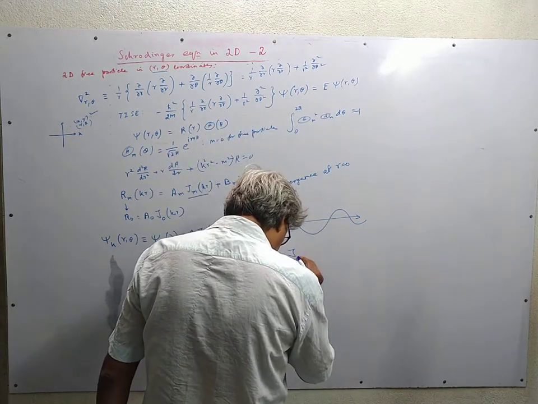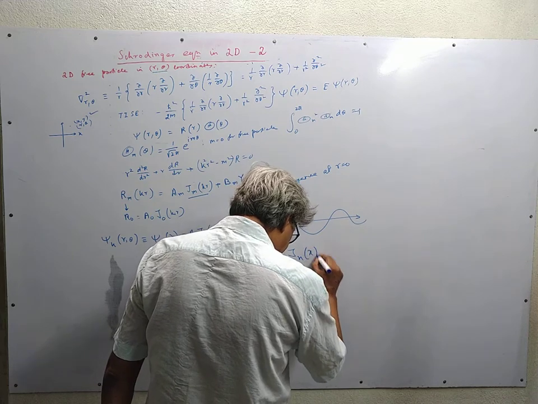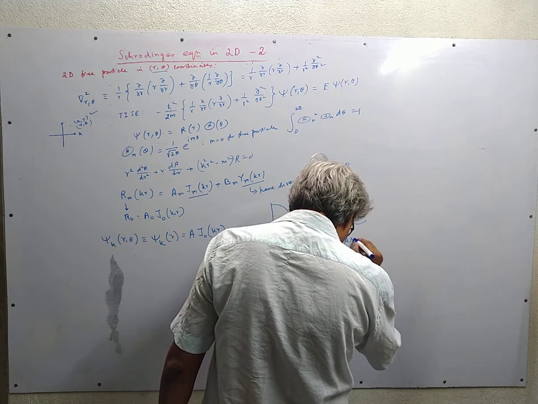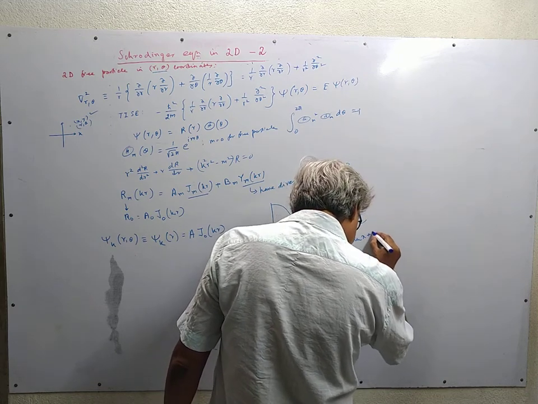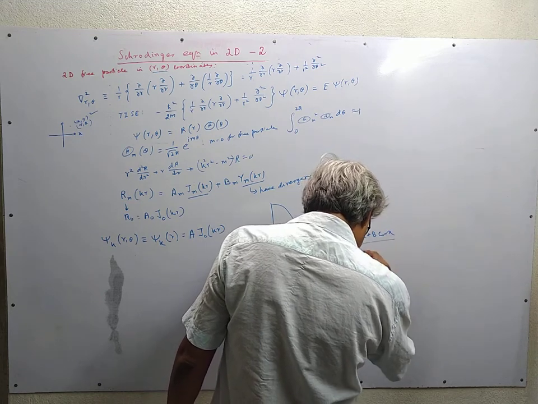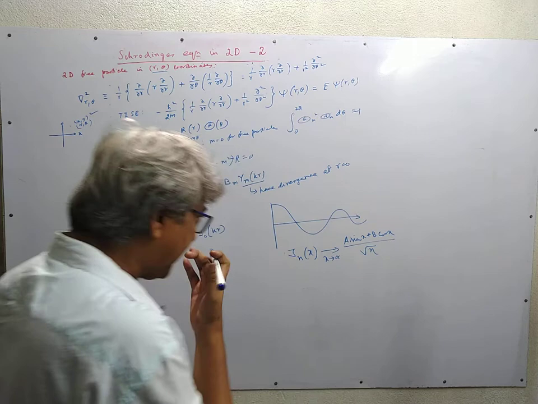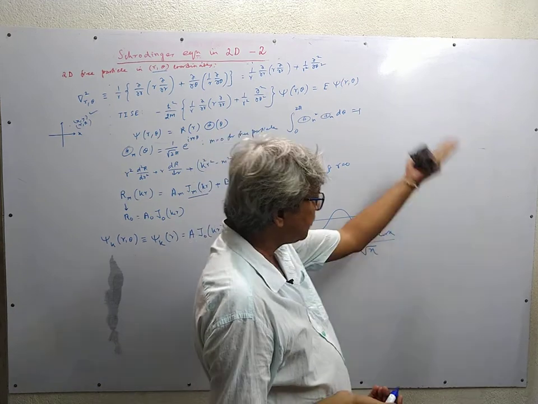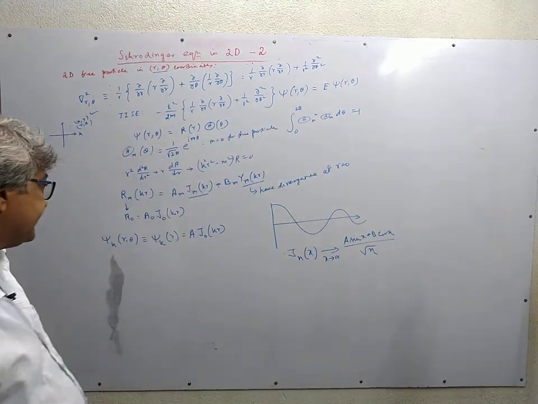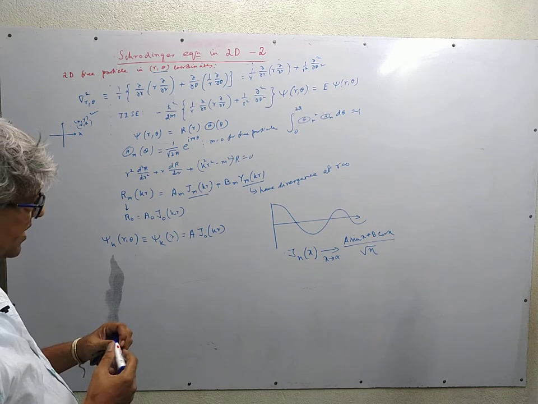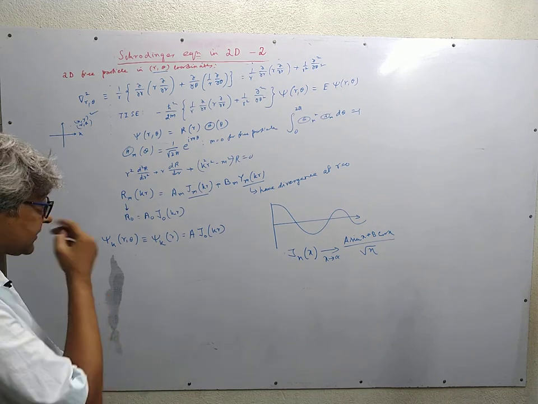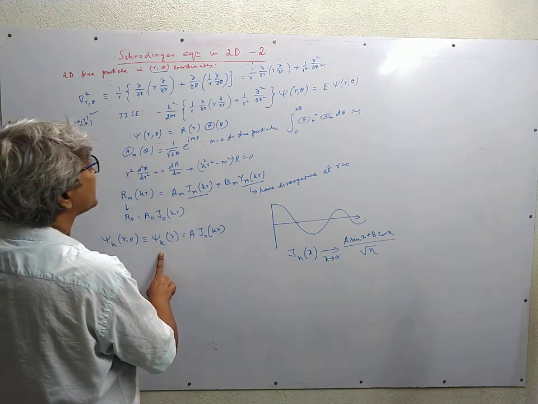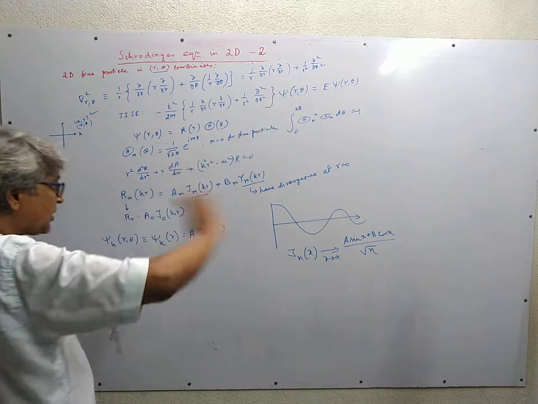That is, Jn for x tends to infinity behaves as a sin x plus b cos x by root x. You recall the asymptotic behavior of Jnx. So it gives you a damped sinusoidal with an asymptotic region. And there is no restriction on the k values that can be taken up, and since there is no restriction on the k values, the energy is continuous.